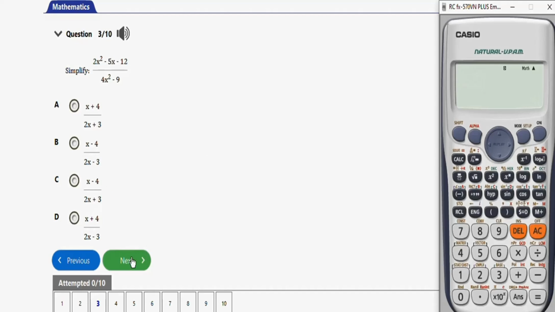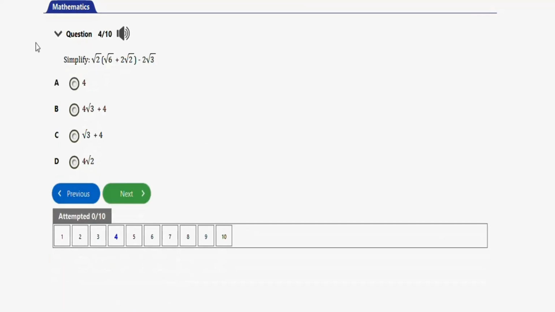Let's solve the next question, which is question 4. It says simplify this. This is straightforward. Let's bring the calculator and solve this.